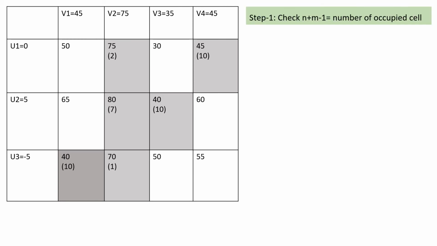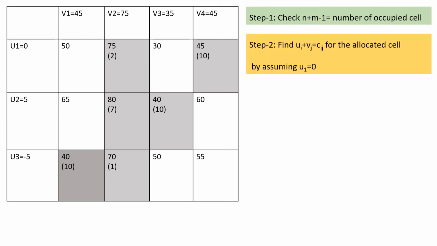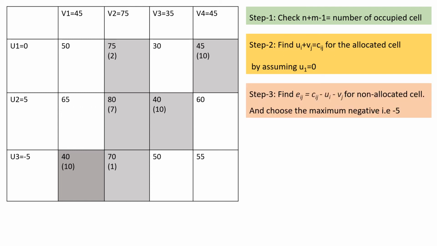And now let's move to the new table with the new assigned values. This is the new table with the new assigned values, and now let's check n plus m minus 1. The next step is we have to find ui plus vj equals cij for the allocated cells.